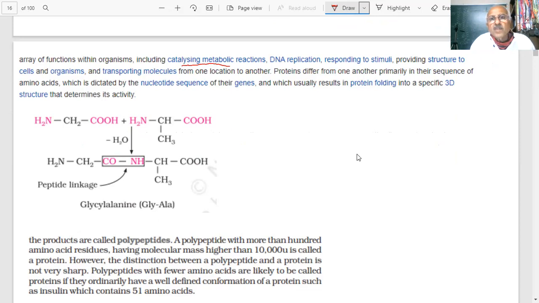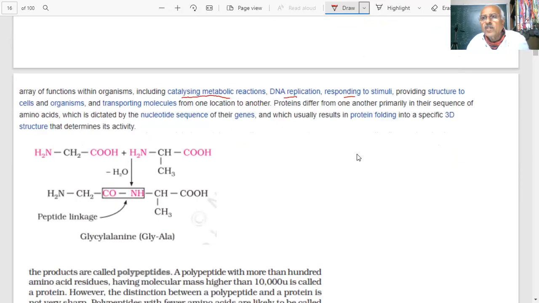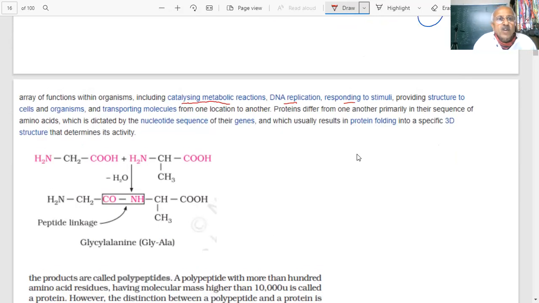They are catalyzing metabolic reactions, DNA replication, responding to stimuli, providing structure to cells and organisms, transporting molecules from one location to another; proteins differ from one another primarily. So what are the protein functions in the body? They are forming proteins now. What type of functions do they do? This is more of bio, students, which we will learn in biology.